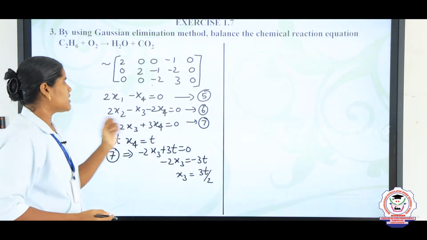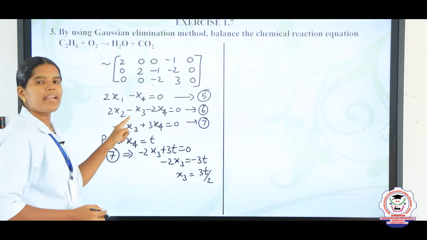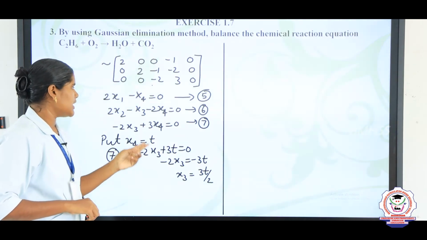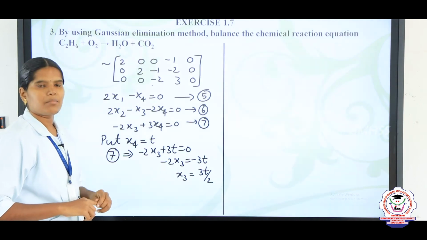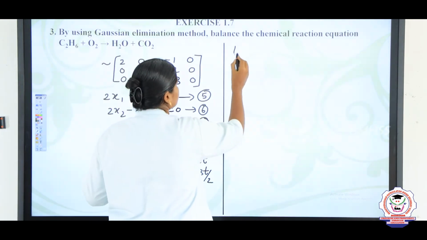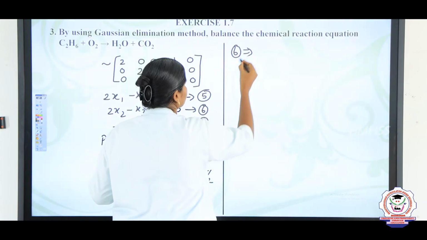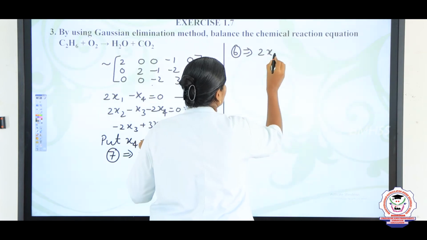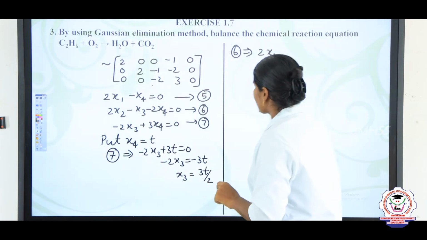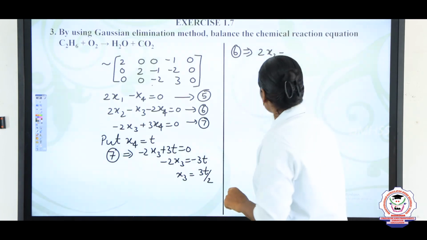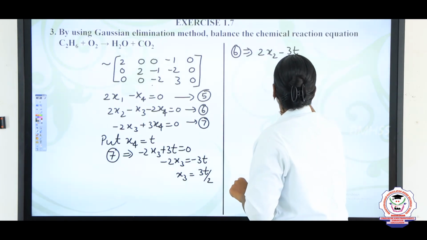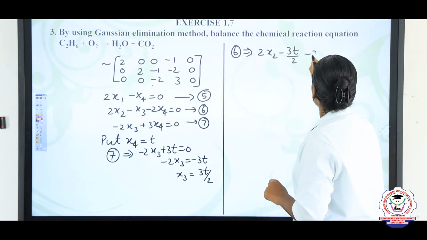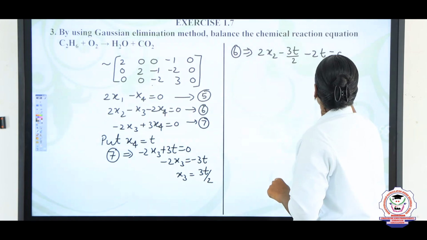Now I am going to take equation 6, that is 2x2 minus x3 minus 2x4 is equal to 0. Already we know that x4 value is t and x3 value is 3t divided by 2. So from equation 6 we get 2x2 minus x3, so minus x3 value is 3t divided by 2, and minus 2x4, x4 value is t, is equal to 0.